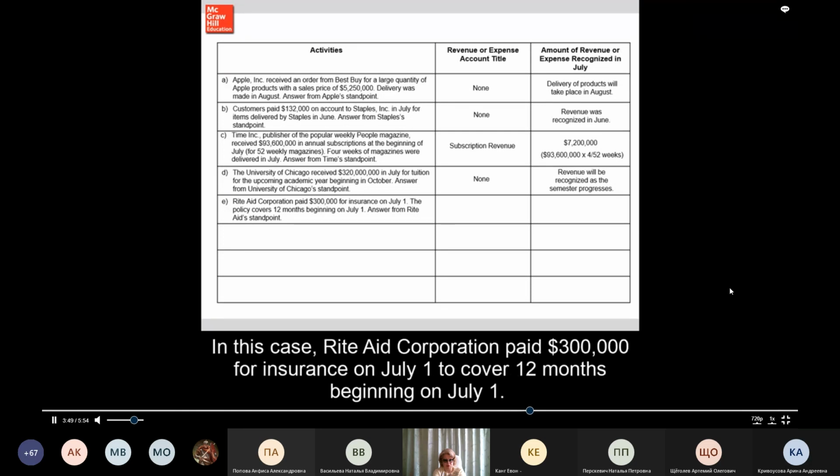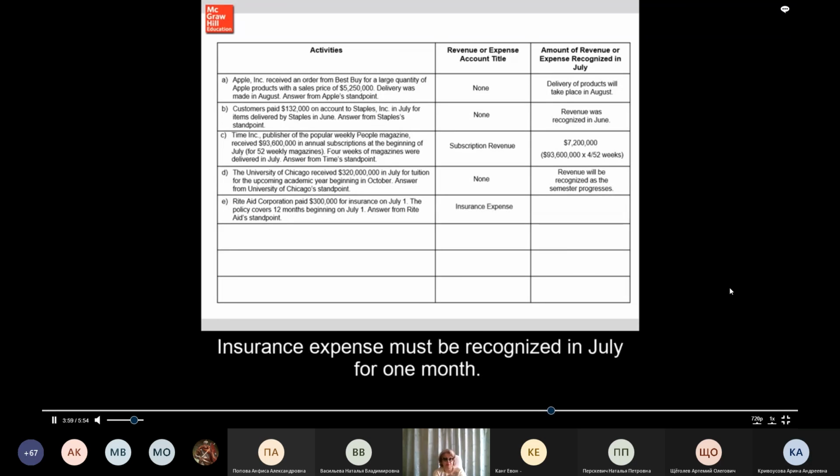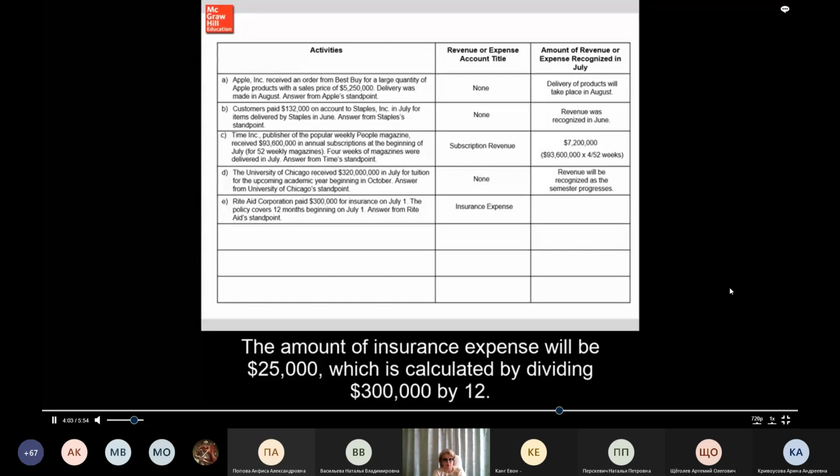In this case, Rite Aid Corporation paid $300,000 for insurance on July 1 to cover 12 months beginning on July 1. Insurance expense must be recognized in July for 1 month. The amount of insurance expense will be $25,000, which is calculated by dividing $300,000 by 12.